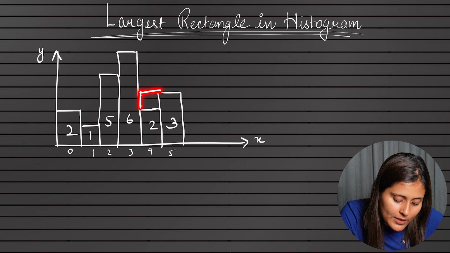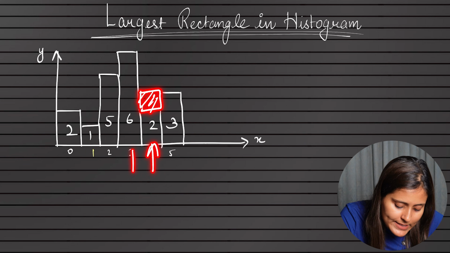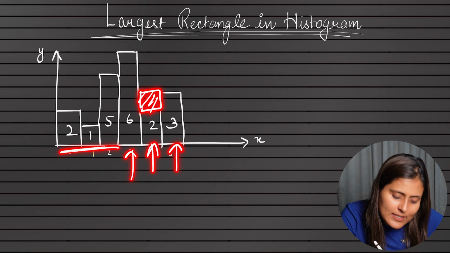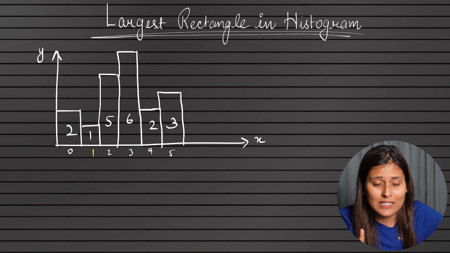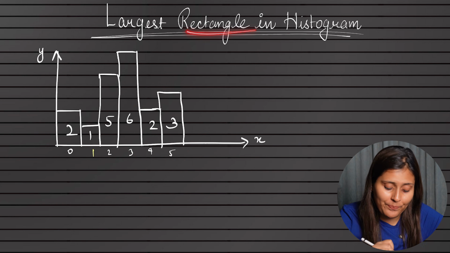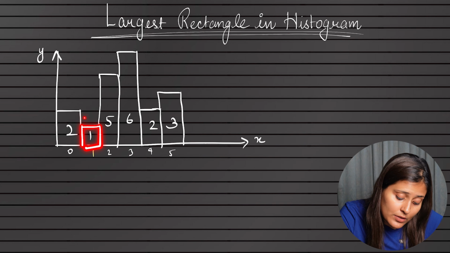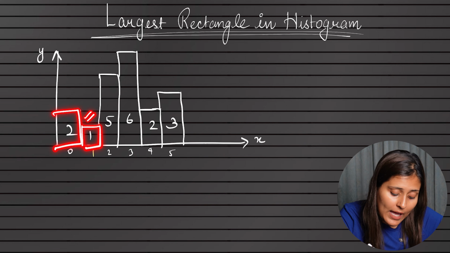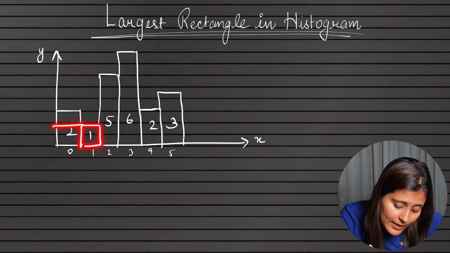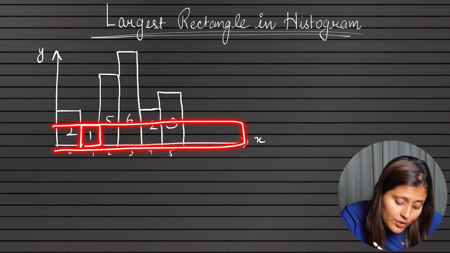Suppose I want to calculate the next water, so with the help of 2, 6 and 3 I can calculate. These things I don't want. Can I say this? Yes. But in largest histogram, this one can help us to calculate the area for this one itself, 2, 1 also, and this one can help us to calculate the area for a longer width also.